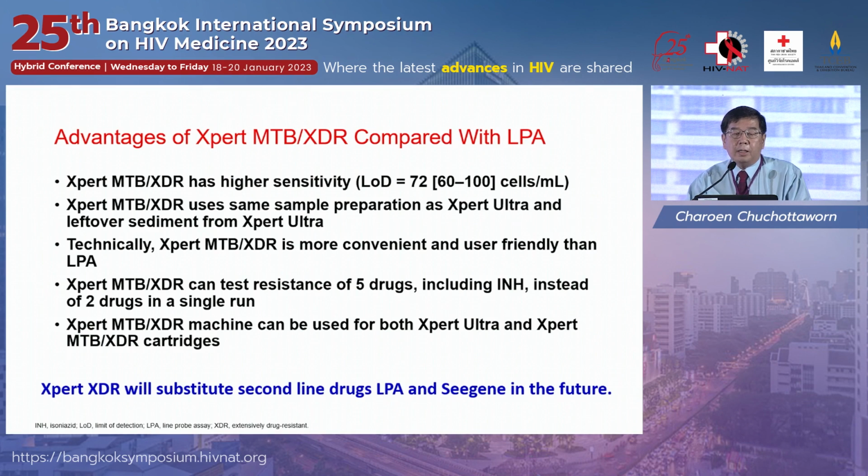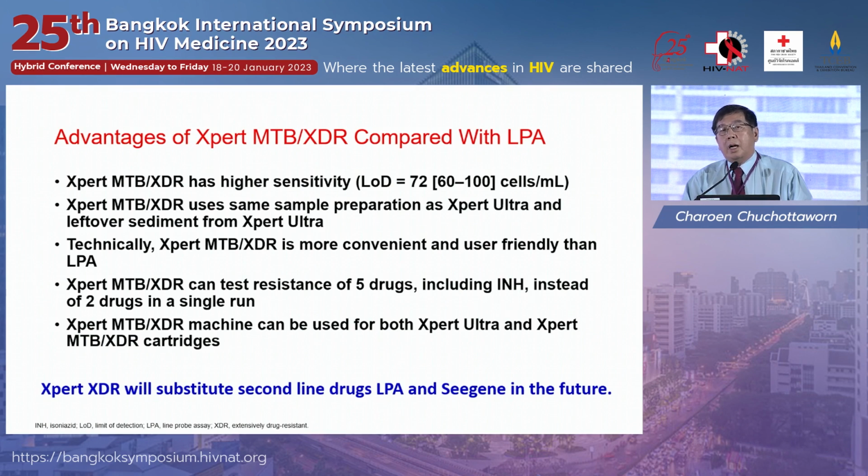And if you look at the LOD, the limit of detection, it's 22 cells per mL, which I think is better than the line probe assay, which needs a lot of cells, lots of DNA.